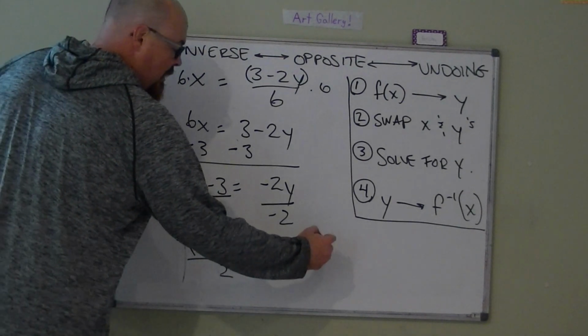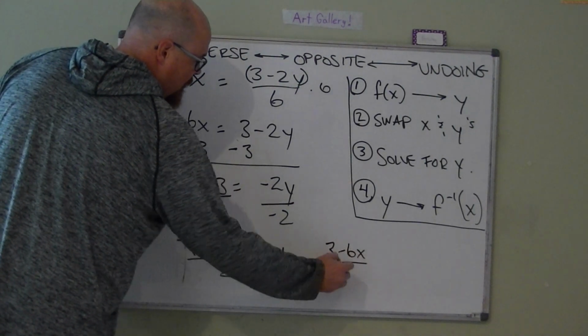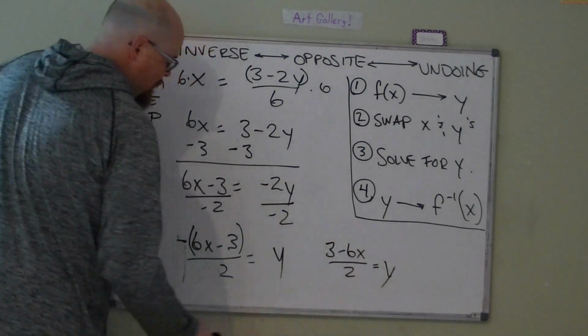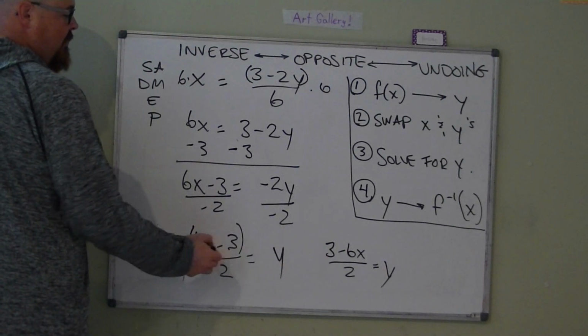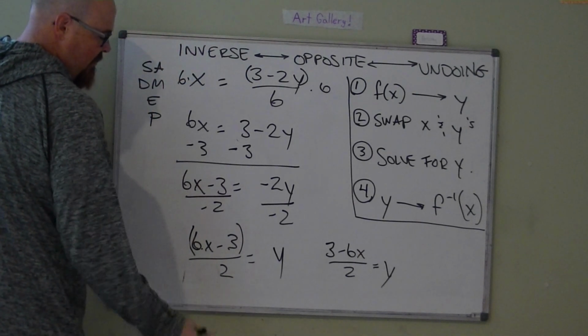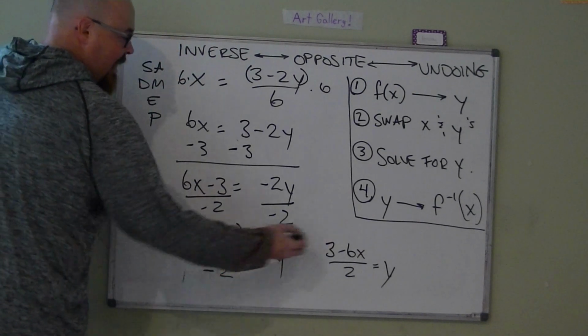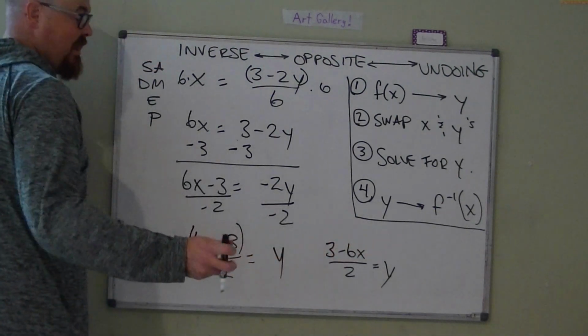So that would be a -6x and a positive 3 over 2. This is the same as this, where we're taking the opposite of the numerator. But again, that is the exact same thing as just having this down here. These are the exact same answers. So I'm okay with this. Math Excel may want something like that, just so you know.